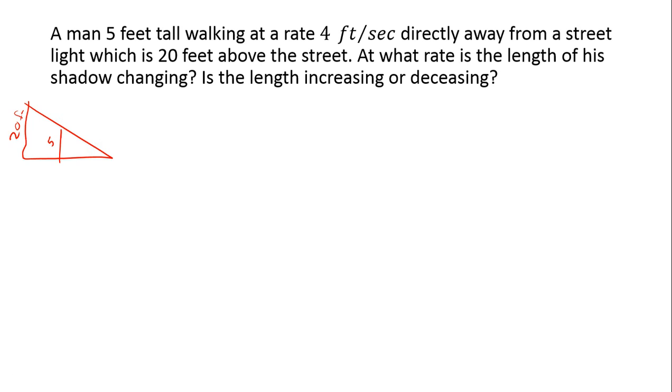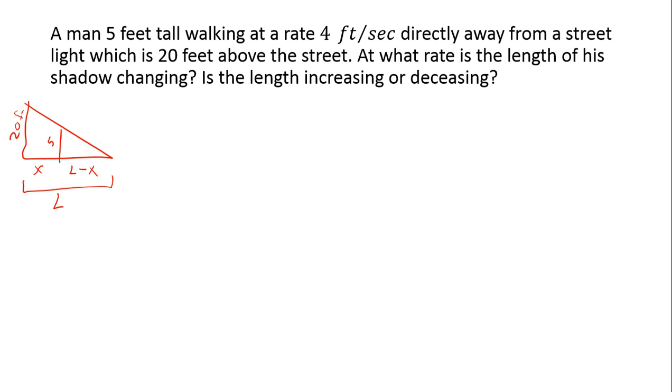Now this is the tricky part. So the distance between the light post and the man, I'm going to say, is x. The distance of his shadow is going to be L minus x. And the entire distance is L. Now what we want to find is the rate of change in which his shadow is changing.